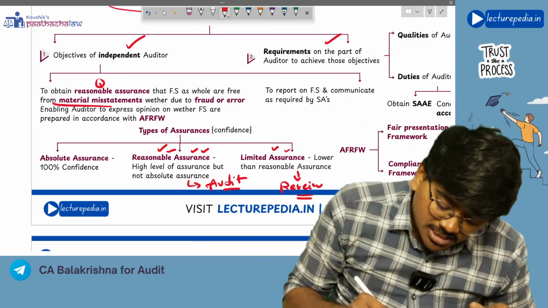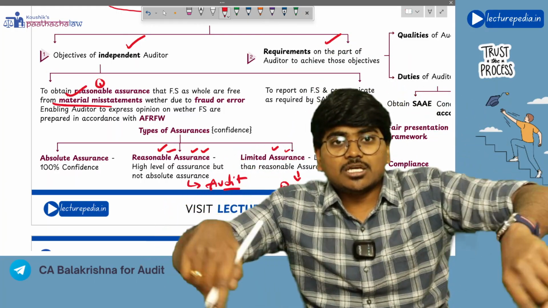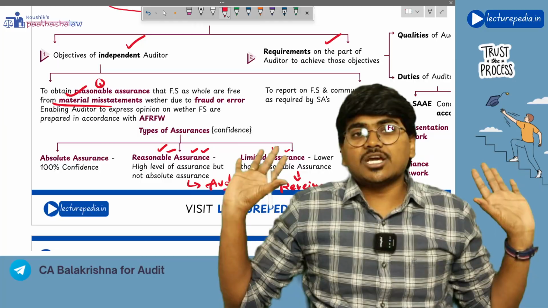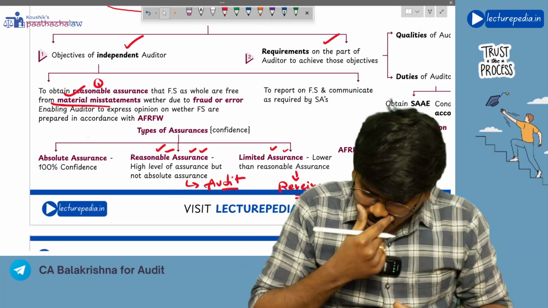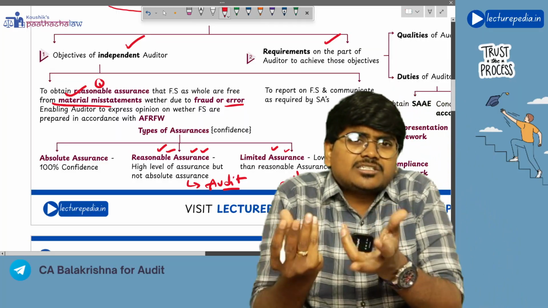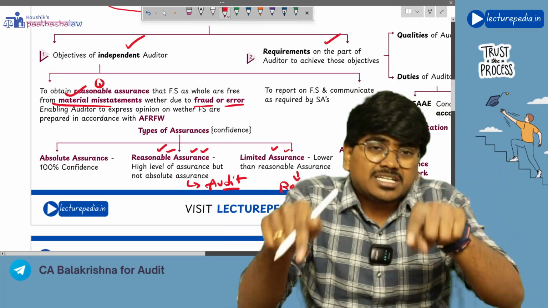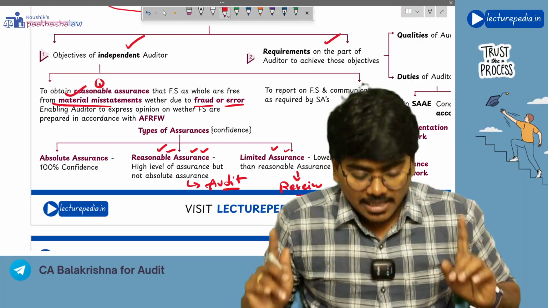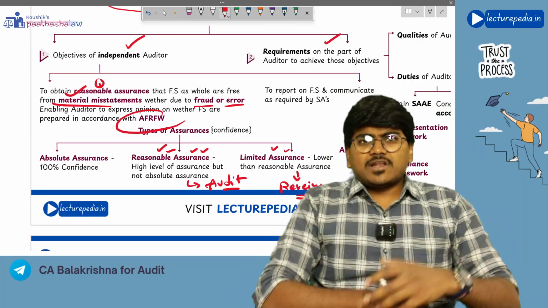And if that misstatement is material as per SA-320, we'll call it a material misstatement. Got it? Next, fraud and error. You already know. Error means an unintentional mistake. Fraud means you have intentionally committed the fraud.